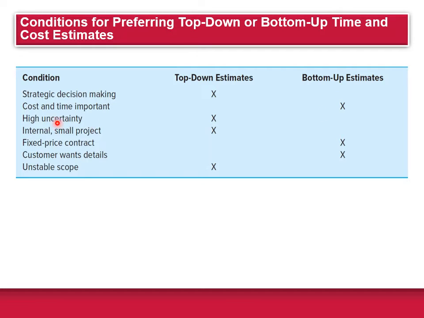If you have a lot of high uncertainty, top-down is probably best because the bottom-up is not going to give you a great estimate when it's very uncertain. If you have a very small project, top-down is very good. If you have a fixed price contract, you want to do a bottom-up because that's going to be more accurate. If the customer wants a lot of detail, that's when you need a bottom-up estimate. If you have very unstable scope, you want to do a top-down estimate.